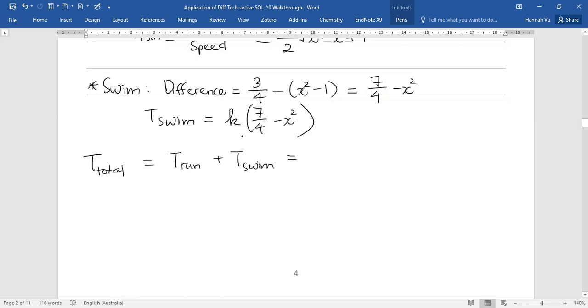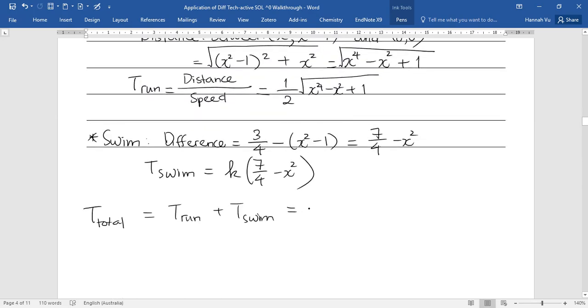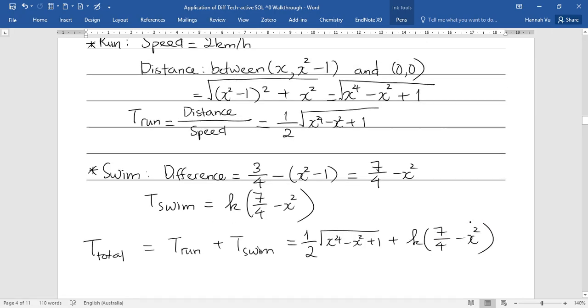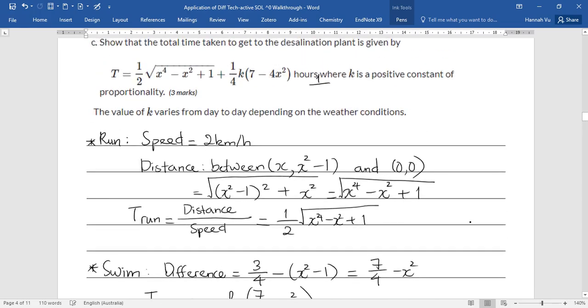Alright, so we would have a half, that's supposed to be a 1, of x to the power 4 minus x squared plus 1, plus k times 7/4 minus x squared, and if you simplify it you would get that.